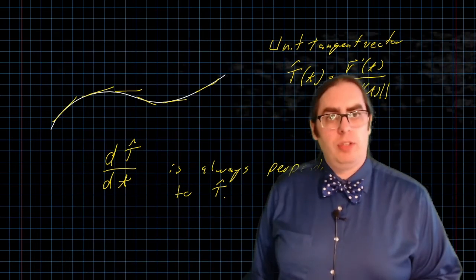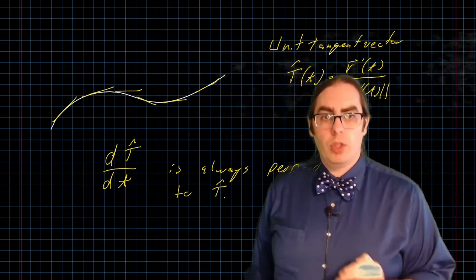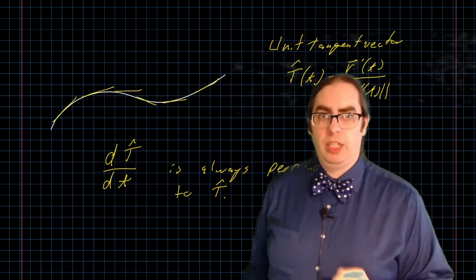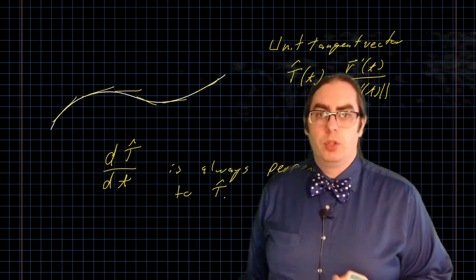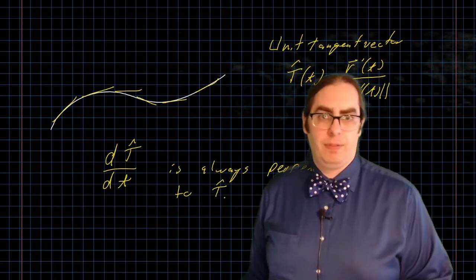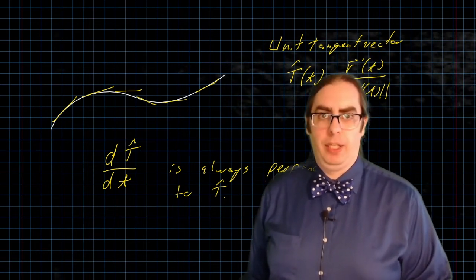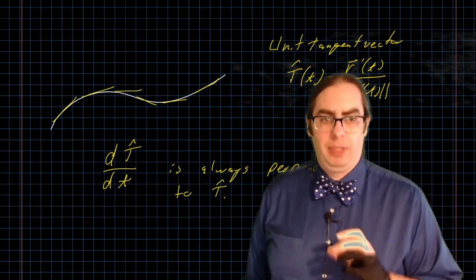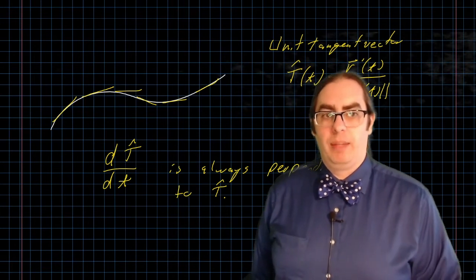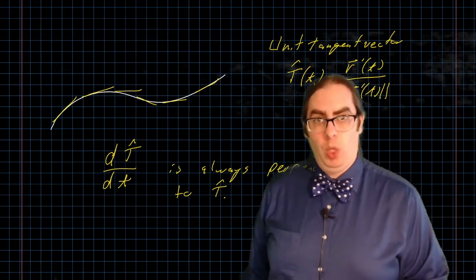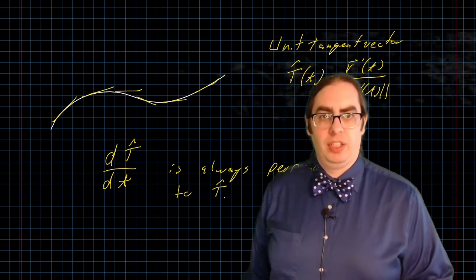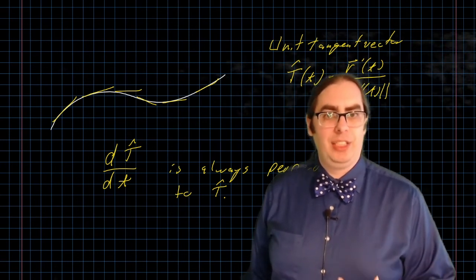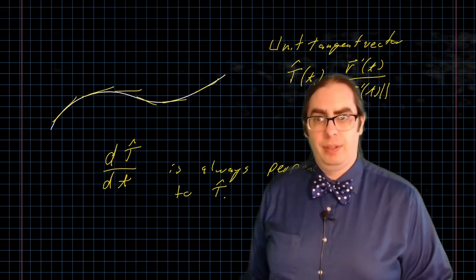I want to stress here, the derivative of the unit tangent vector is always perpendicular to the tangent vector. The derivative of any tangent vector is not going to have that property. That's something that only happens because we are setting the magnitude to constantly be 1. So the only way that the tangent vector can change is as a change in direction.